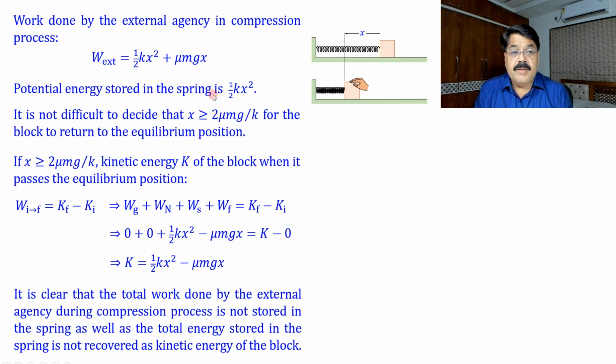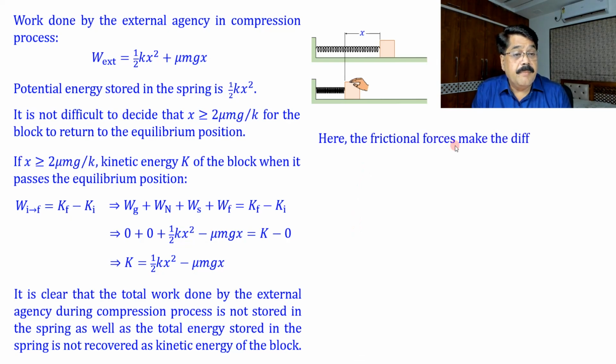Similarly, when the block was released, this amount of energy was stored, but this total energy is not recovered as kinetic energy. Some portion, the work done by friction, was dissipated in the surroundings in the form of sound and heat. Here, the frictional forces make the difference.